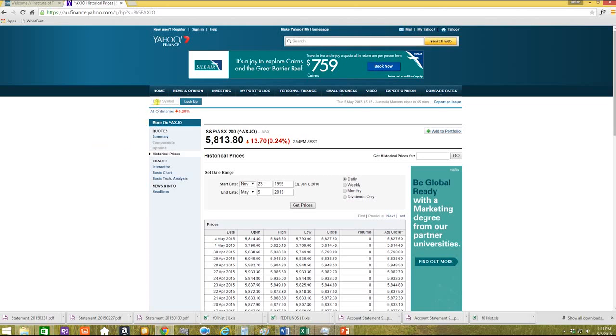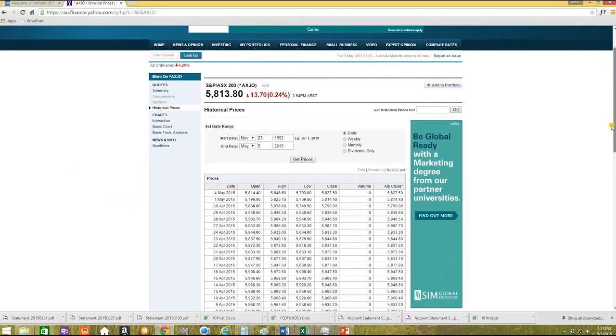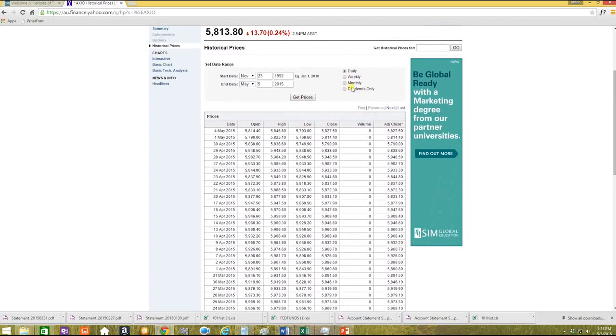If you want to get different codes, you can do a search up here for different stock exchanges. But when you bring up the actual stock market, what you want to navigate to is the historical prices area. And you'll be able to get hold of daily, weekly, monthly data, and including or excluding dividends data.